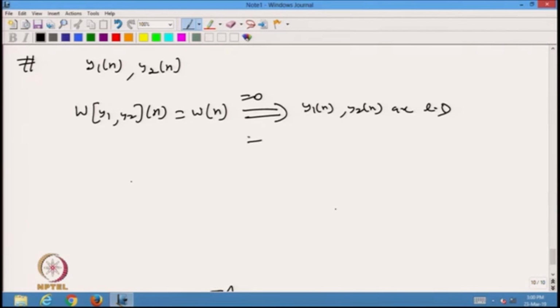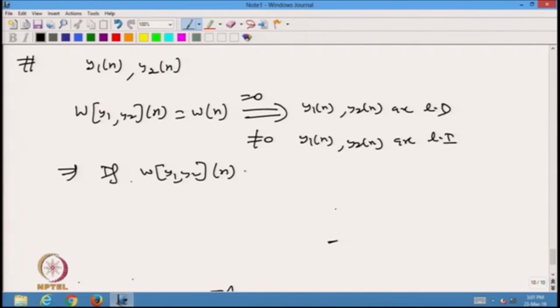And if this is not equal to 0, in that case y1(x) and y2(x) are linearly independent. One more observation I want to add: if the Wronskian of y1 and y2 is equal to 0, in that case the functions y1 and y2 are multiples of one another.